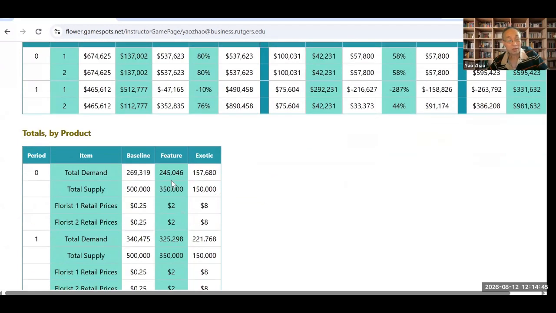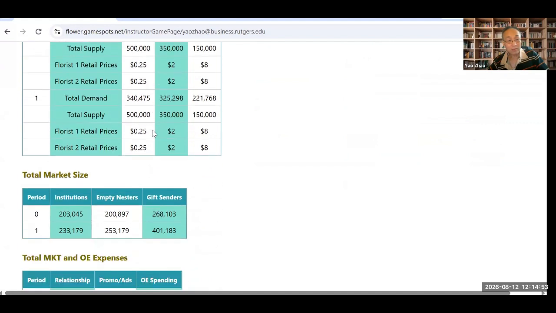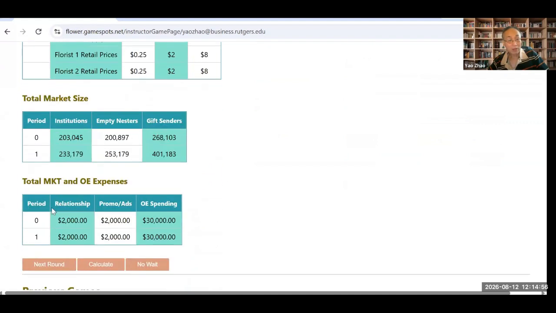They can also see the aggregated market information, such as total demand, total supply, all the other retailers' retail prices, and the total spend on marketing and operations by everybody. Okay, perfect. So they do have the overall market information in every round.